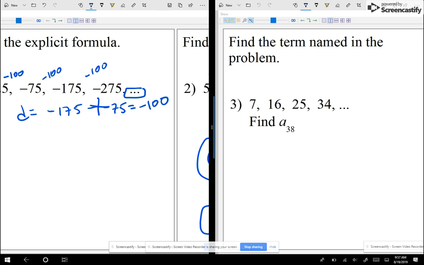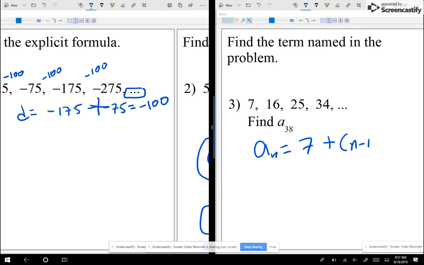I know my formula for question number 3 is a(n) equals 7 plus, in here my difference is 9, or better yet, it's n minus 1 times 9. Right? That's my formula. That's my explicit formula. But here it is asking, find the 38th term.